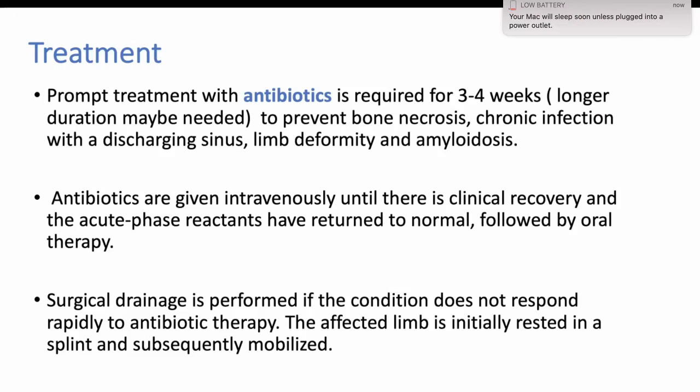So we need to do surgical drainage, and we need to send cultures from the drainage or from the bone to see if we have a resistant organism, if the patient has a fistula, if the patient has an abscess, if the patient has septic arthritis. So it's all indications for surgical intervention.